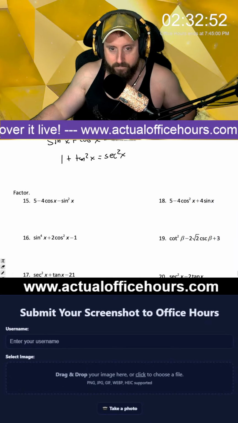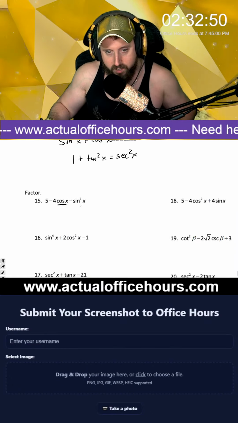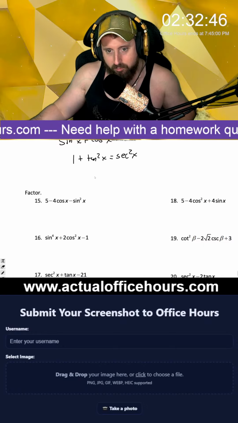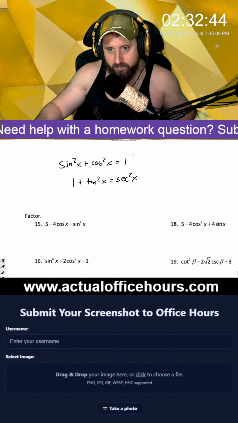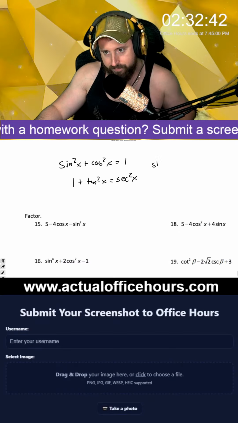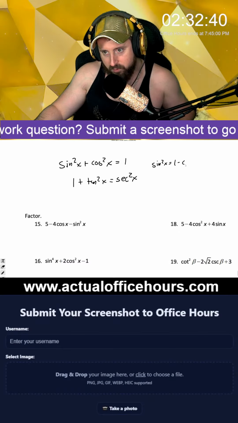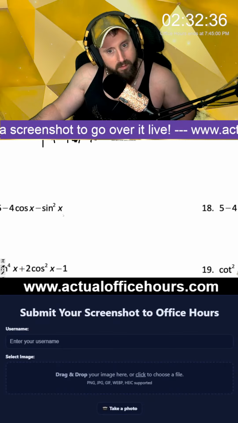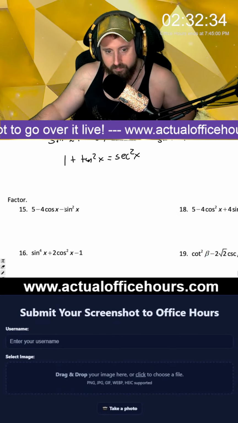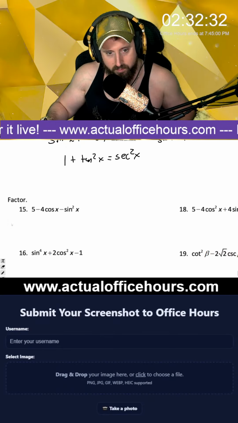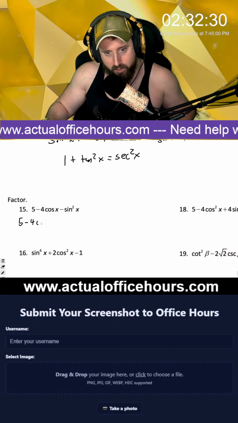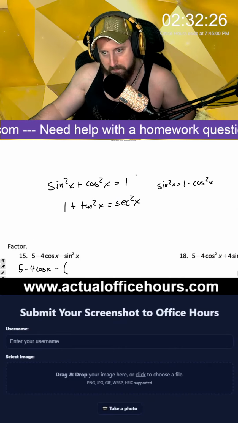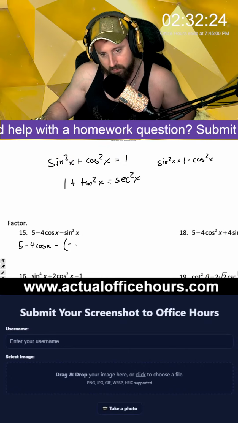So, in this case, for instance, I have cosines and I have sines. I only want one of them. So, I can rewrite this sine squared as 1 minus cosine squared of x. So, let's just do that. Now we're going to have 5 minus 4 cosine of x, and then minus 1 minus cosine squared x.